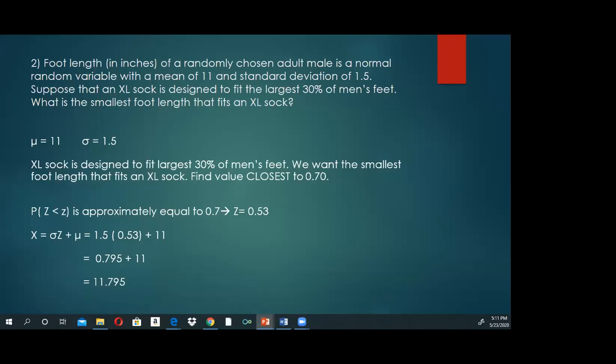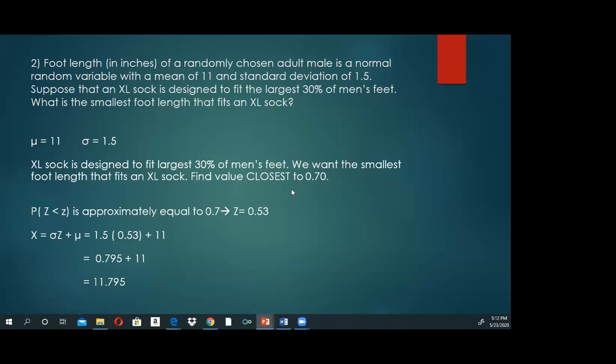Since we're doing a backward problem, the first thing we have to do is find out the probability that we're trying to solve for. So the probability that we're trying to solve for is going to be 70%.